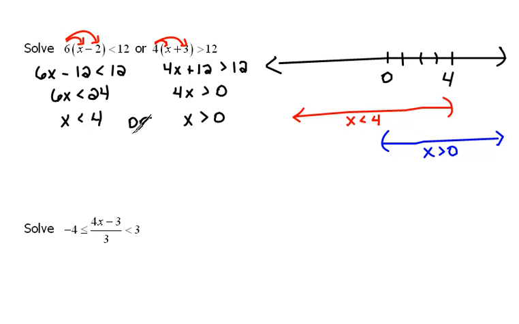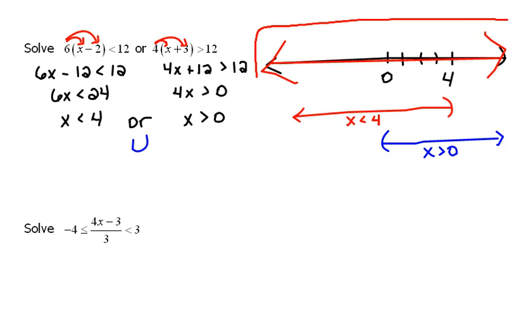Now remember, an OR statement is a union, or a joining together, of those two things. So if we join these two sets together, and put both of them on the number line together, we would be looking at everything along that number line.